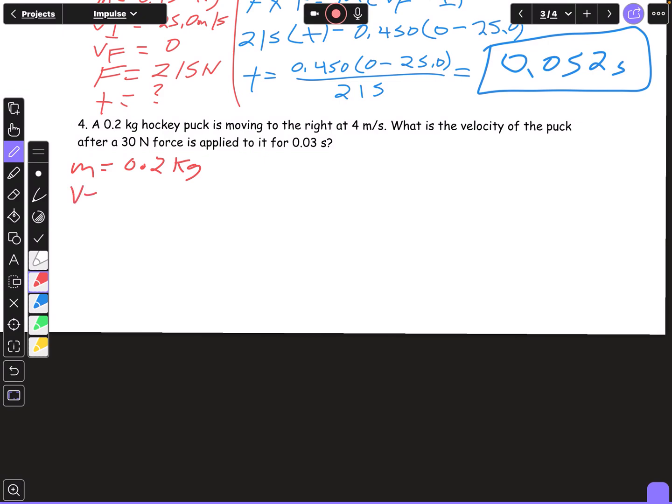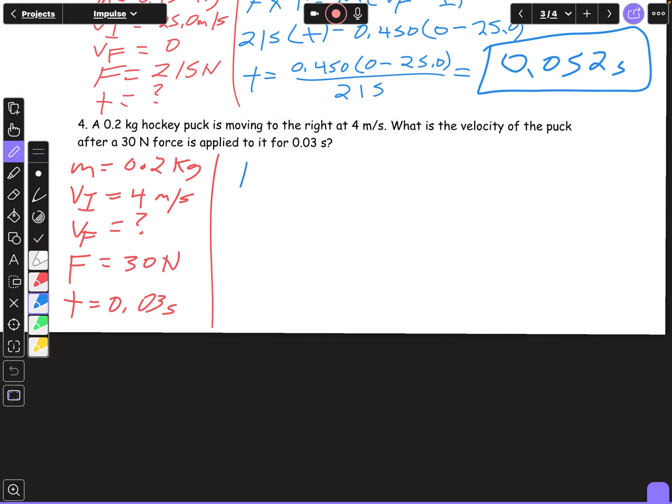So that's its initial velocity. And it asks me what's the velocity of the puck. It's asking me for the final velocity after a 30 Newton force, so my force would be 30 newtons. It's applied to it for a time of 0.03 seconds.